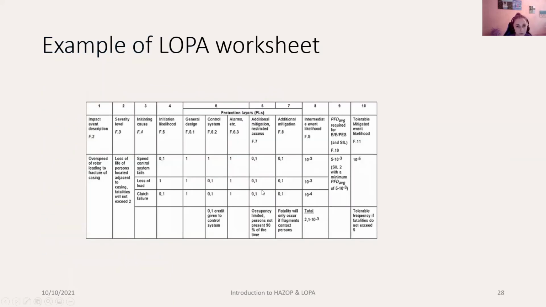And an example of LOPA. Let's go through all the steps which I described before, so it will be a little bit more understandable. First of all, that's our scenario. The scenario has different initiating causes, 1, 2, 3.